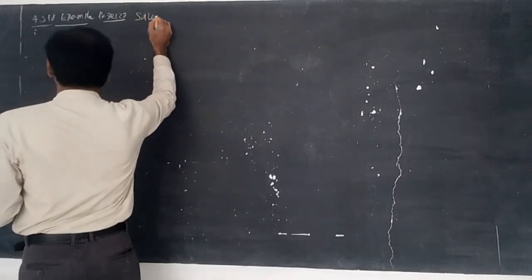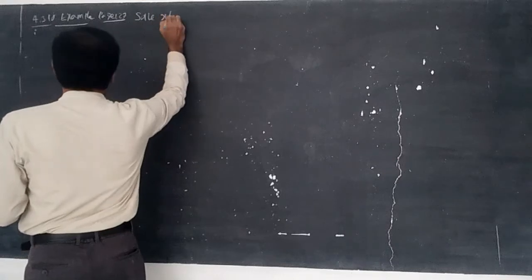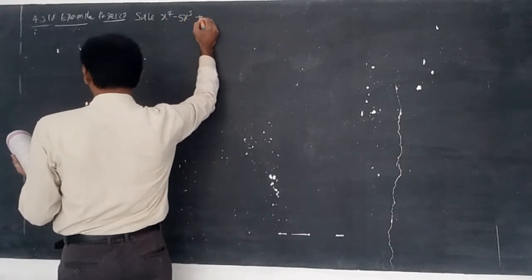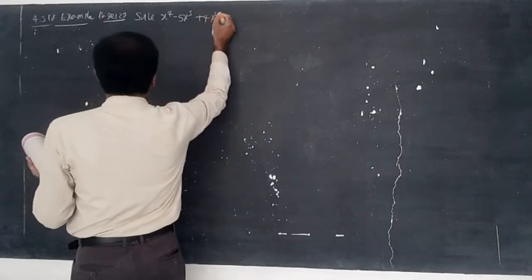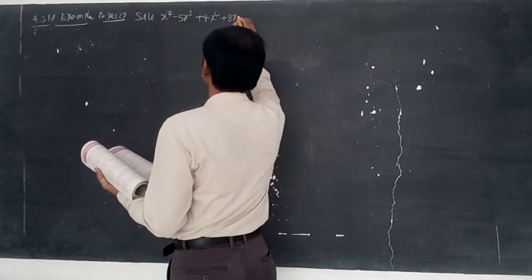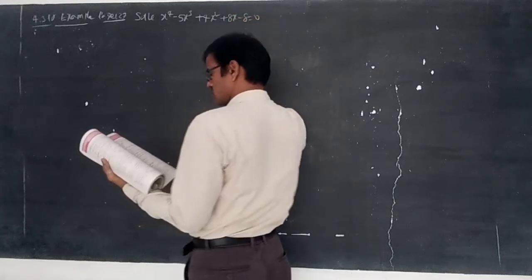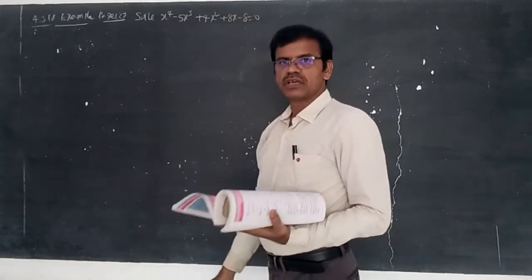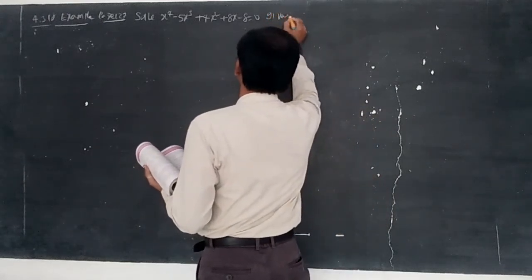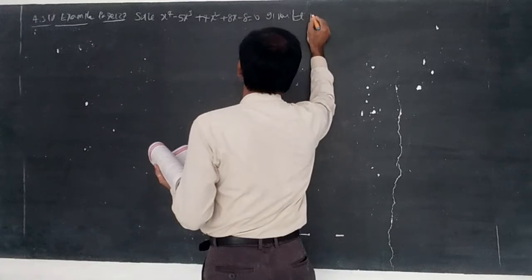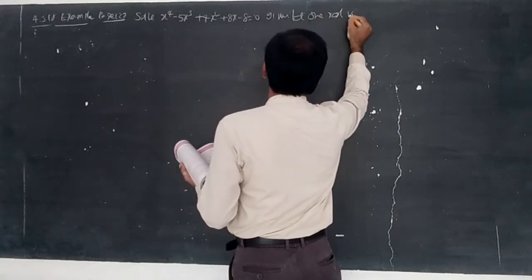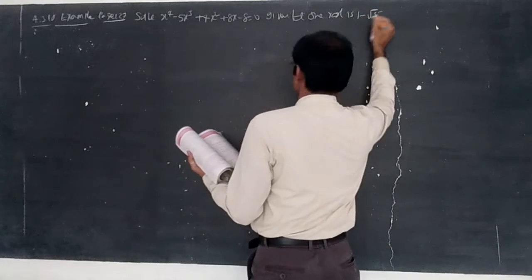Solve x power 4 minus 5x cube plus 4x square plus 8x minus 8 equal to 0, given that one root is 1 minus root 5.